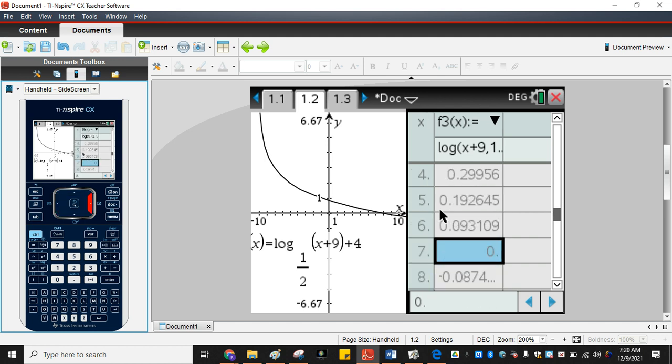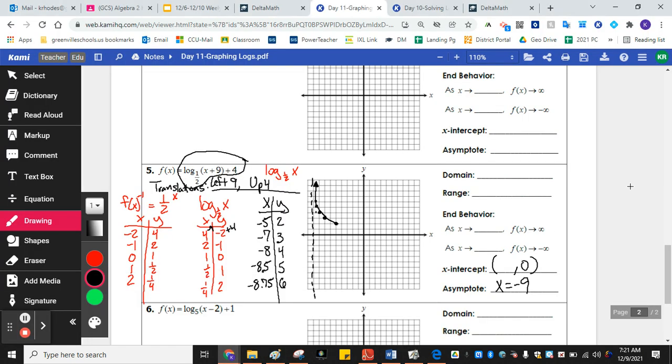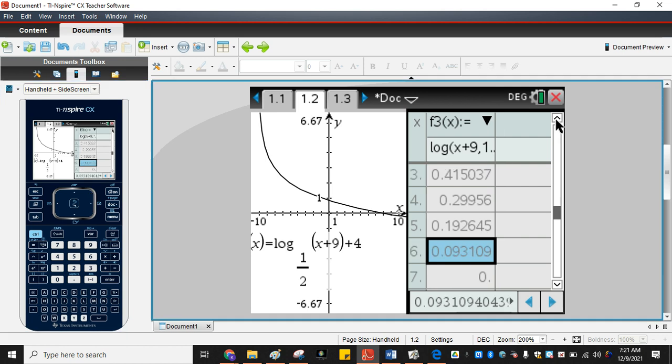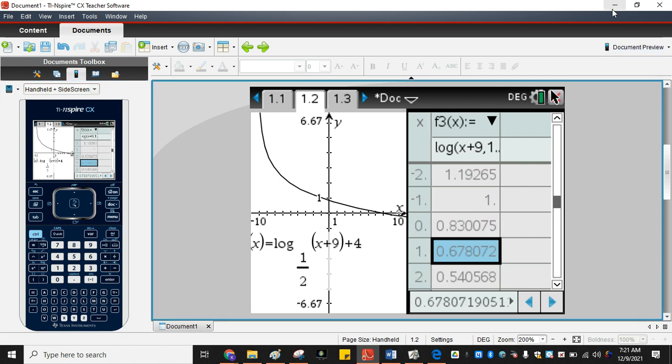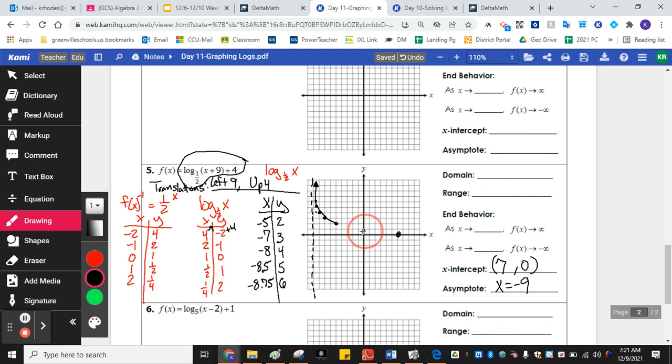So there it is, 7, 0. I think I counted that right. Since I already have a graph, I'm going to figure out my y-intercept as well, 0.8. And then I kind of know what everything else is doing. That was bad. There we go, something like that.